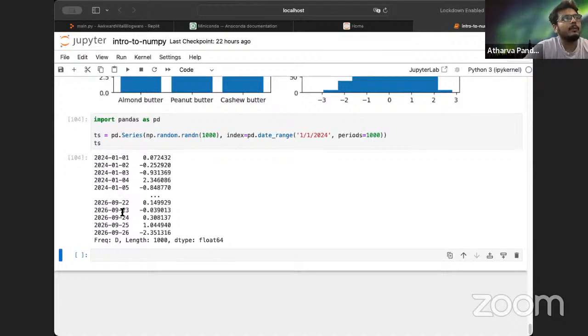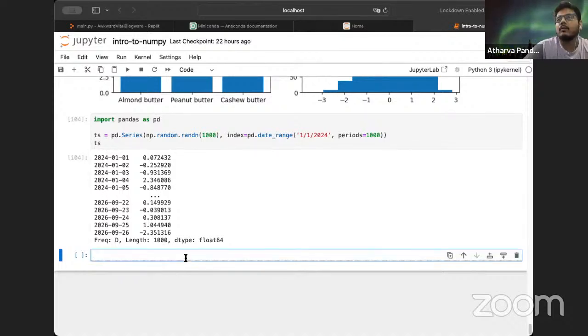It's really beautiful. We are getting 1,000 entries, starting from 2024 up until 2026, filled with random numbers. That's what we are doing with random numbers here, and this is the index. All cool. This is how we used to create our series.